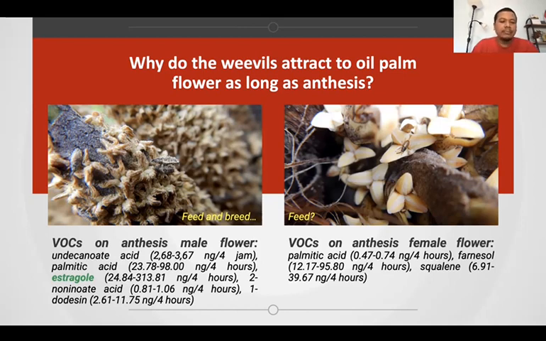So we know that the weevil visits male flowers to feed on pollen and nectar and also lay their eggs. But there is something interesting happening in Indonesia: in some areas, such as Kalimantan Island, the weevil tendency to visit female flowers is reduced, which causes lower natural pollination.